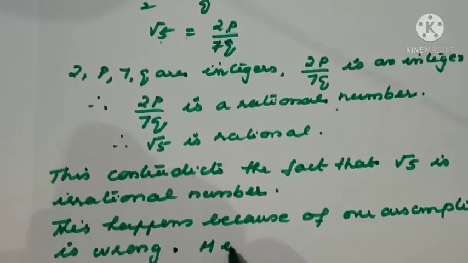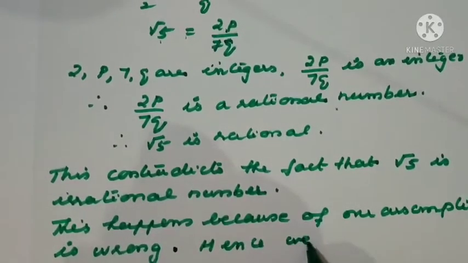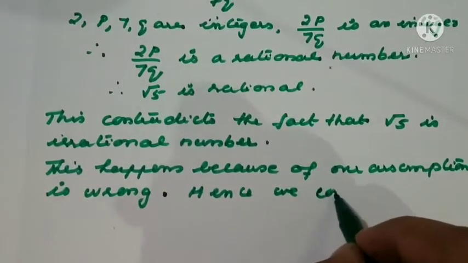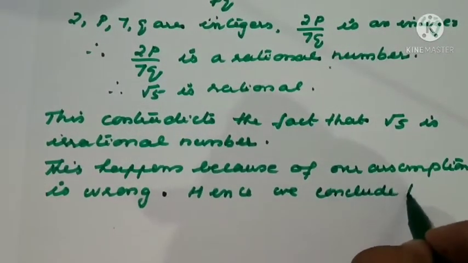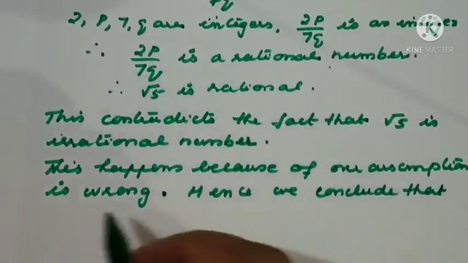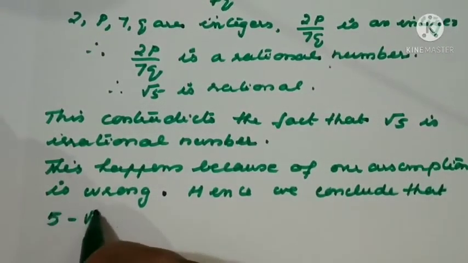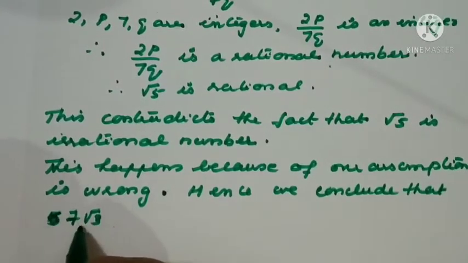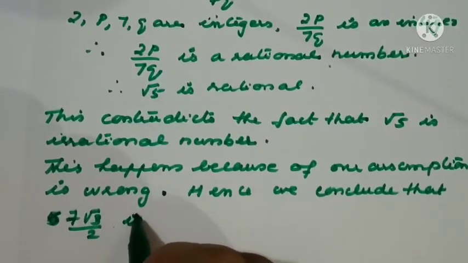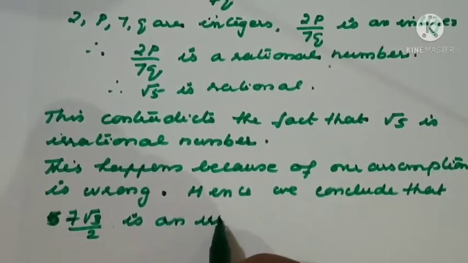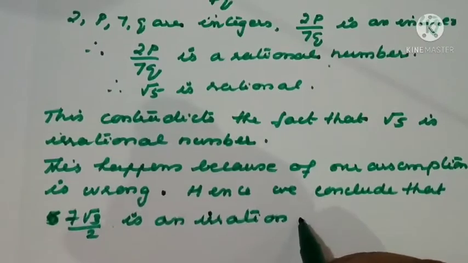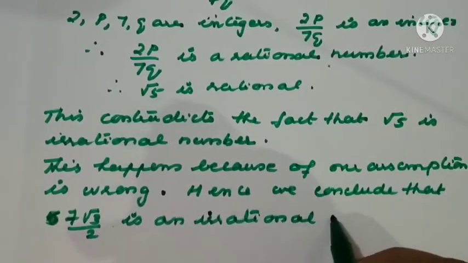Hence we conclude that 7 root 5 by 2 is an irrational number.